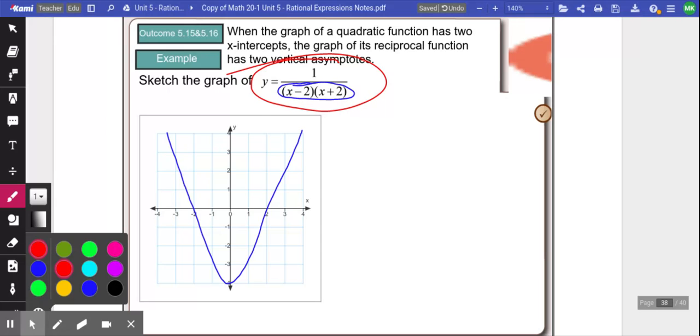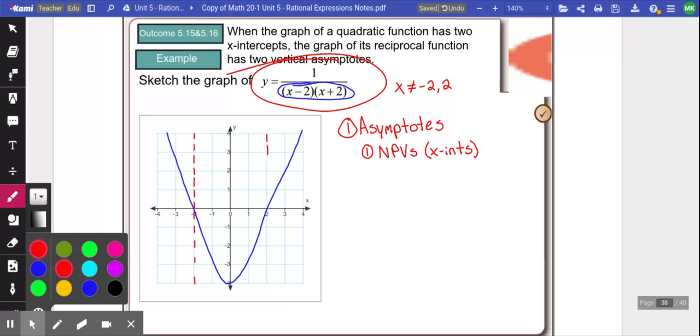There's 3 steps to this question. The first step is to draw your asymptotes. Asymptotes happen in 2 different places. The first place it happens is your NPVs. That's also the x-intercepts. So if you're graphically looking at it, you're looking for x-intercepts of that blue graph. If you're looking at the actual algebraic part of it, my NPVs were -2 and 2. So that means my vertical asymptotes should be at -2 and 2.